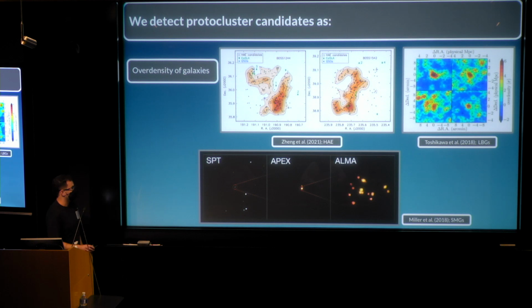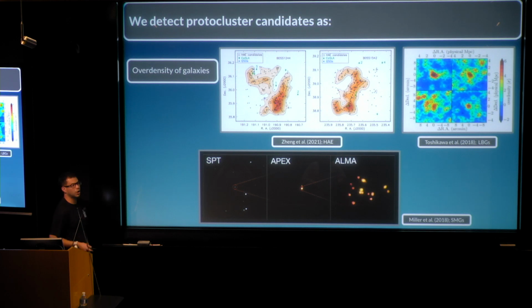Also, both that I mentioned before are in the optical, but at 2 millimeter wavelength, we detect the protocluster candidates starting with observations with very low angular resolution of about 1 arcmin.